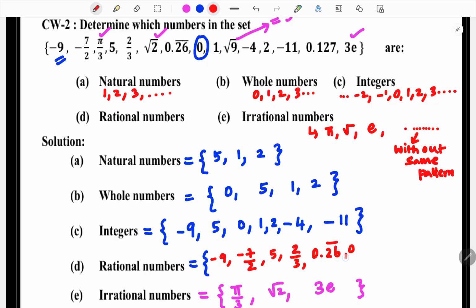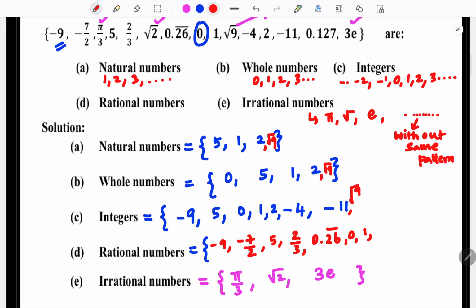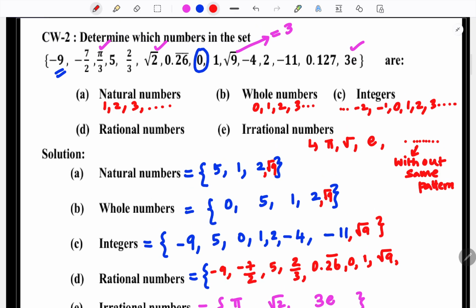Then 0 will come, and 1 will come. And I made a mistake. Square root of 9, I missed it from the beginning. So square root of 9 I have to write, which is equal to 3. Here also, and here also I have to write square root of 9. Because square root of 9 is equal to what?